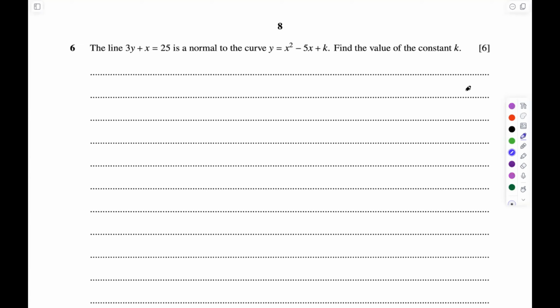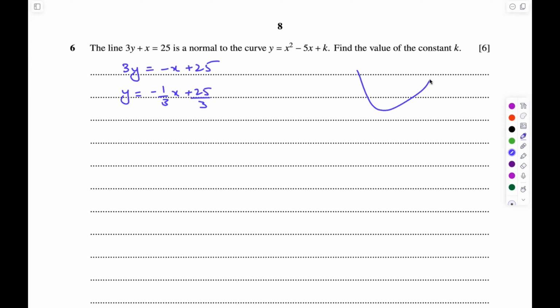In question 6, the line 3y plus x equals 25 is a normal to the curve y equals x squared minus 5x plus k. We have to find the value of the constant k. Now the line which is the normal has the equation 3y is equal to minus x plus 25, or we can make y the subject and write it as y equals minus 1 upon 3 x plus 25 upon 3.